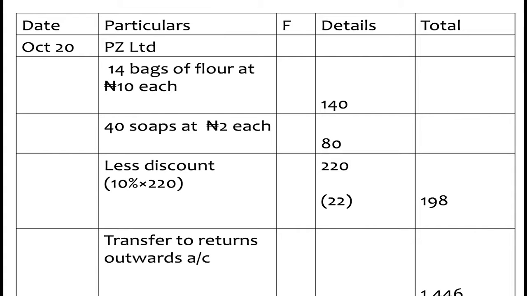October 20th, 14 bags of flour was returned, 10 naira each. When you times 14 times 10, it gives you 140. 40 soaps at 2 naira each, which is 80 naira. Less the discount, 220, and it will get 22 naira. When you sum up 220 minus 22, you get 198 naira, which will be transferred to the returns outward account as 1,446 naira.